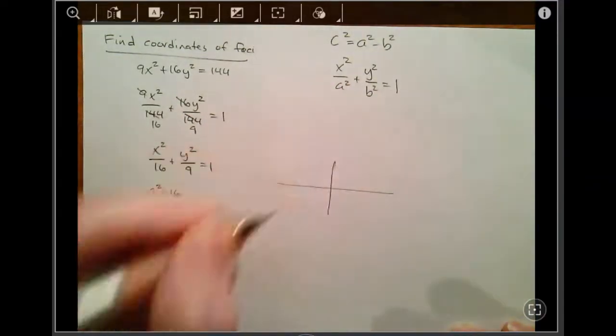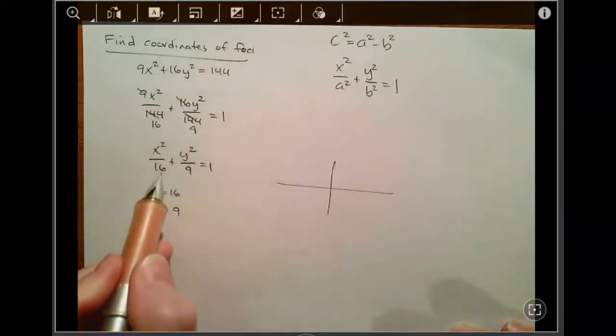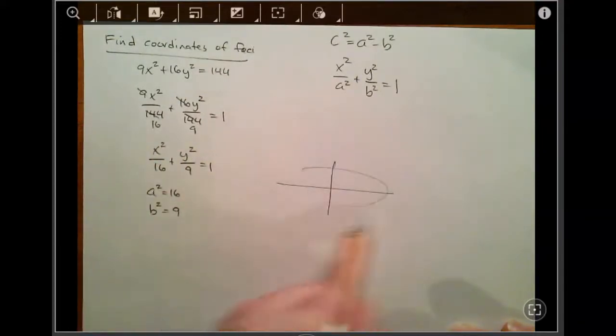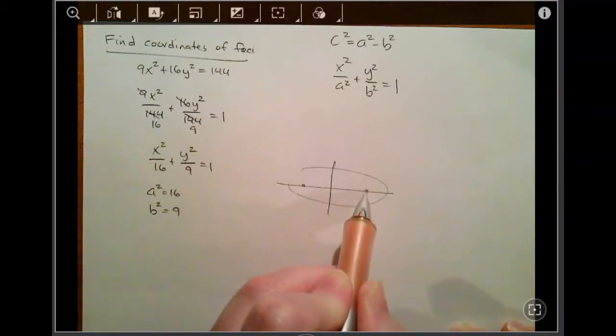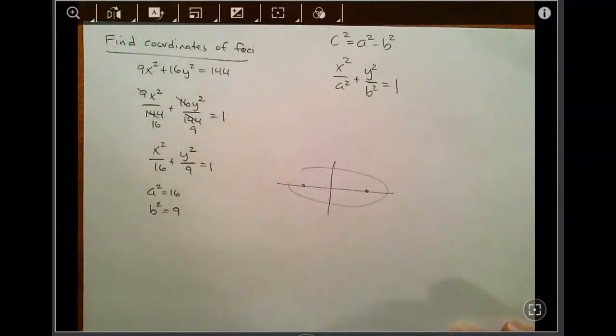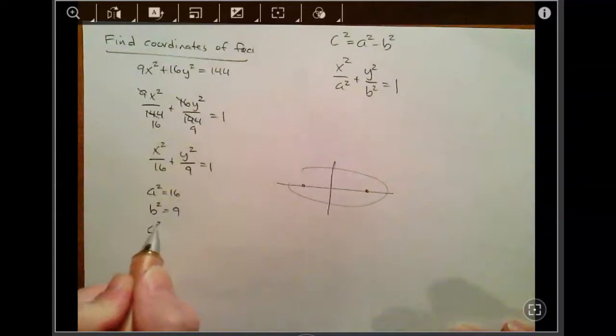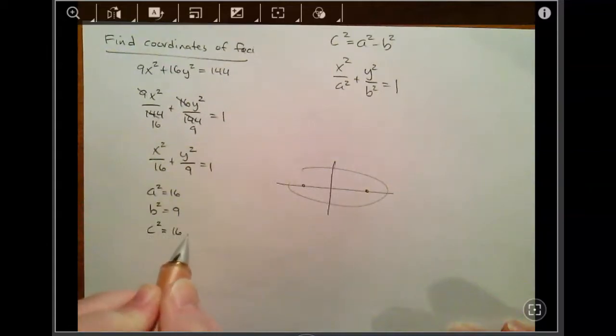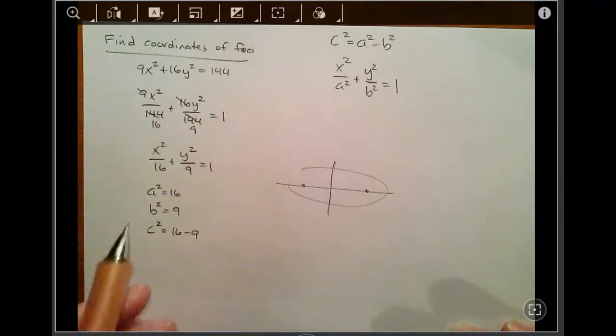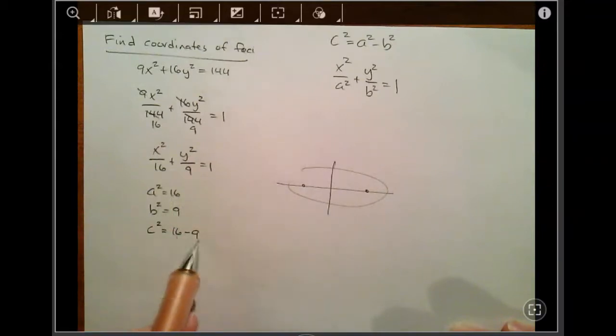We know that it's stretched more in the x direction, so our foci are going to be here and here. So we know the y-coordinate of our foci are both 0. What we need to figure out is what c is, and that's where we're going to use this fact. So c squared is going to be 16 minus 9, right? So it's a squared minus b squared.